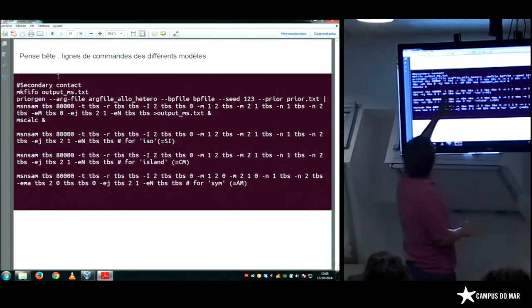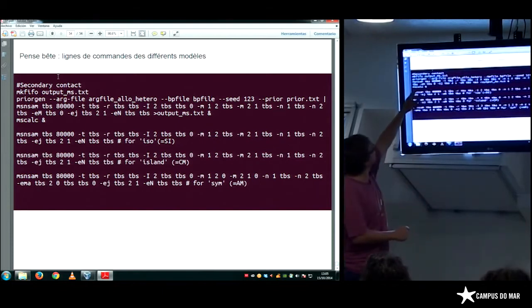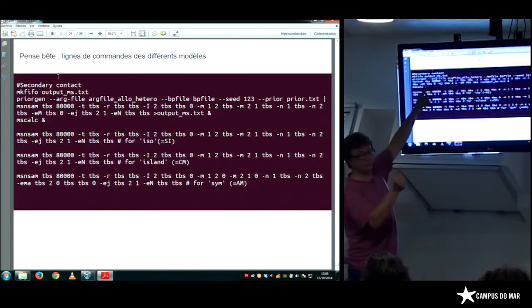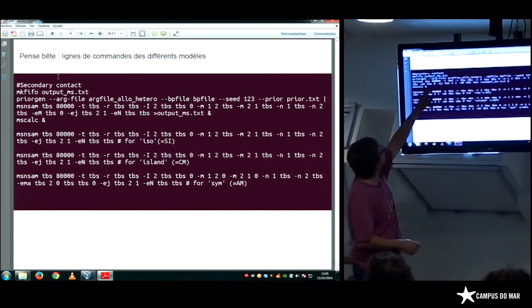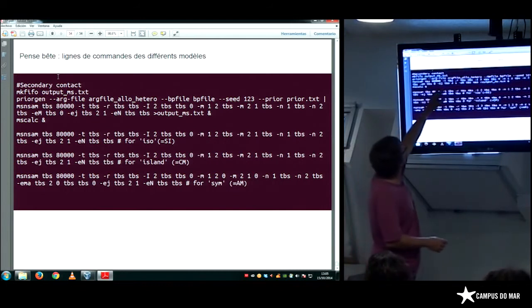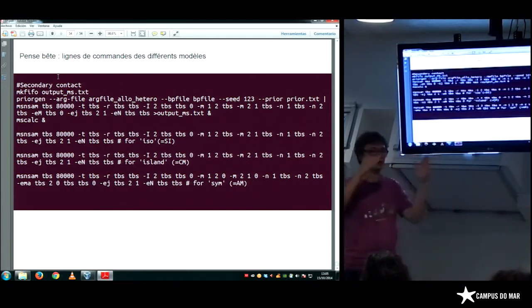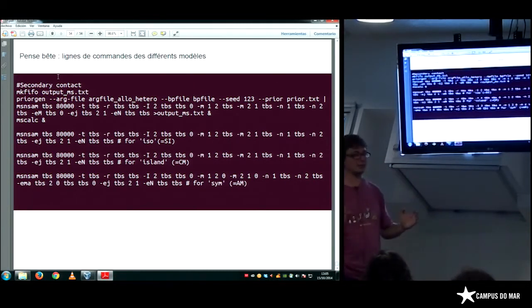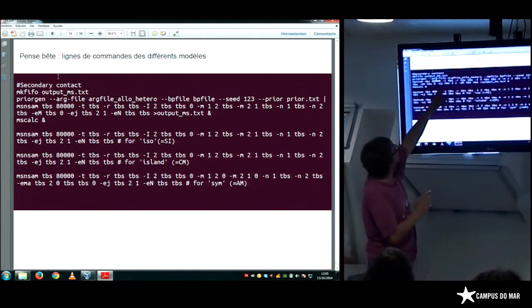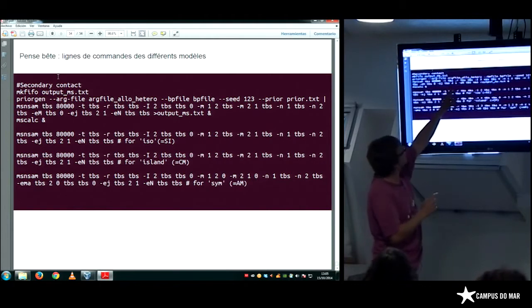The population size of population 2, a value. The time of the secondary contact, when you allow gene flow, again a value. It's the time of split forward in time, so it's the time of mixture back in time, Ej, a value from 2 to 1.